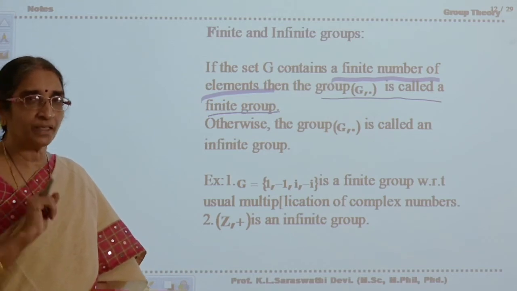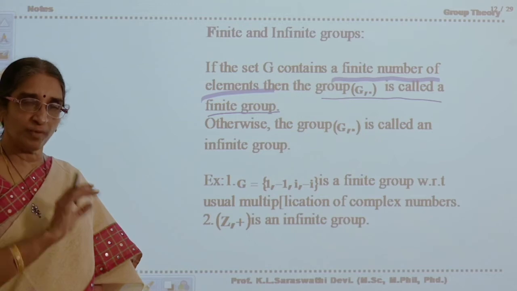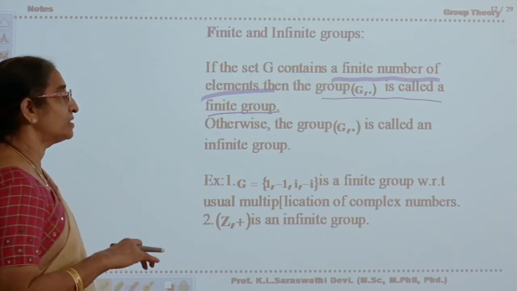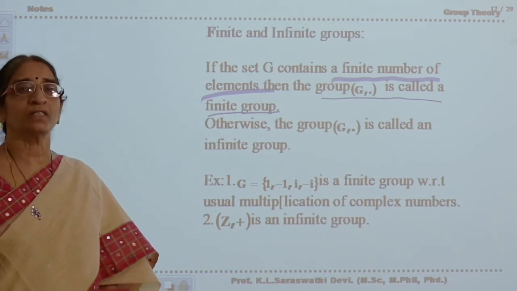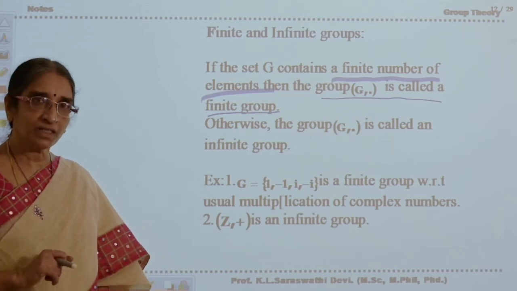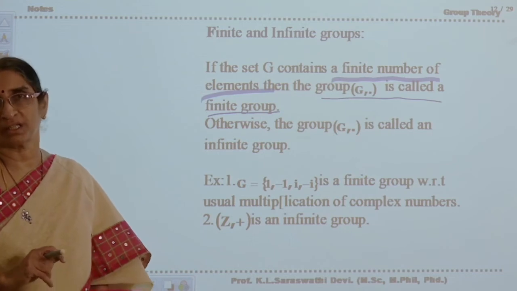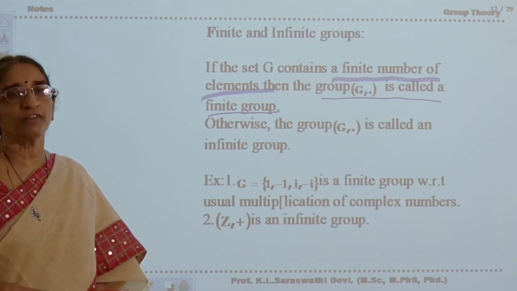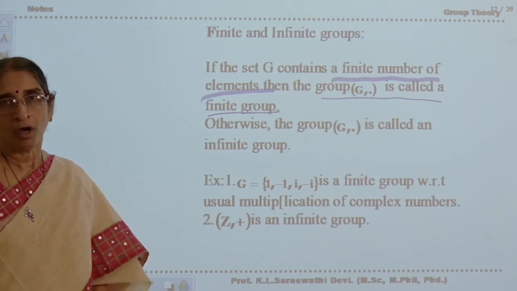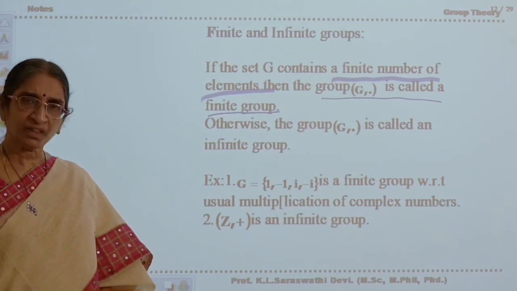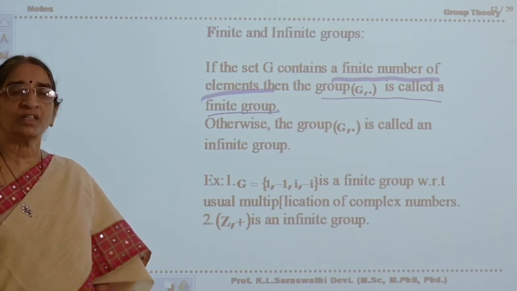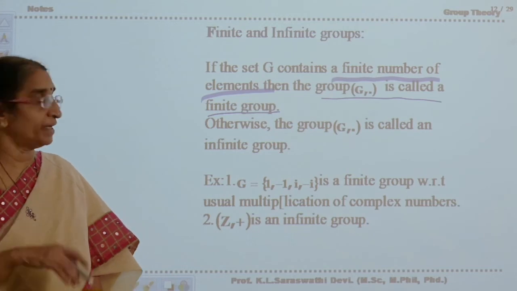If it contains a finite number of elements, it is a finite group. If it contains an infinite number of elements, it is an infinite group. For example, the set of integers is a group with respect to addition, and you will say that it is an infinite group.